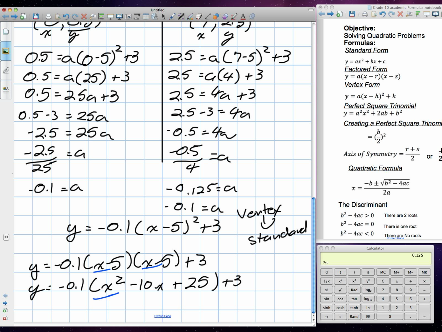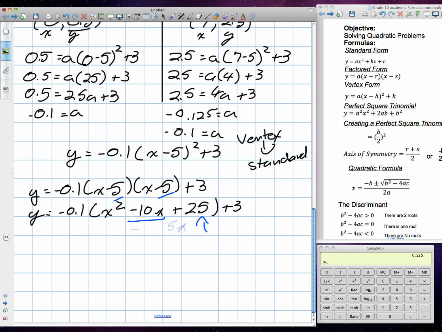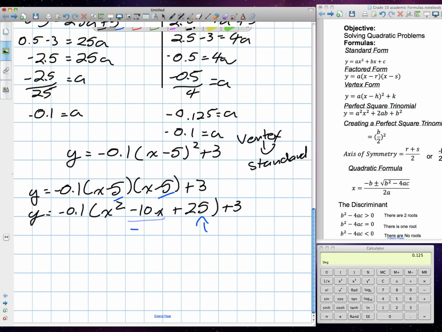I know I did that a little quick. What I did there is x times x gives me x squared. Negative 5 times x is negative 5x, and x times negative 5 is negative 5x. So essentially I had two negative 5x's. What does that become? And then negative 5 times negative 5 is positive 25.